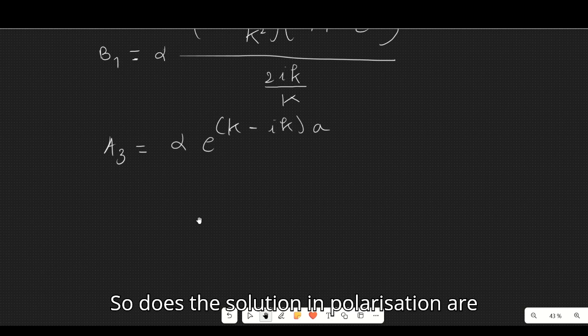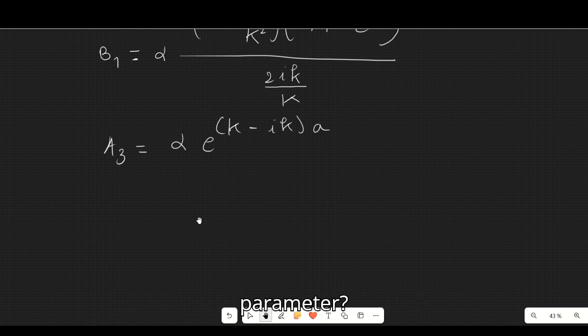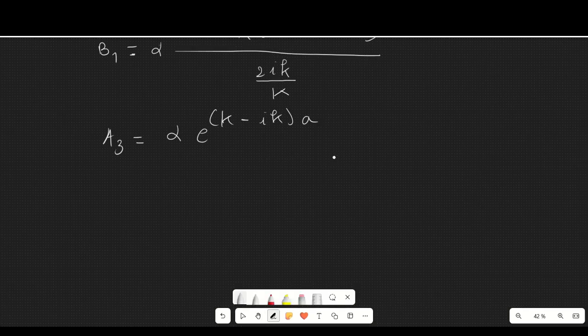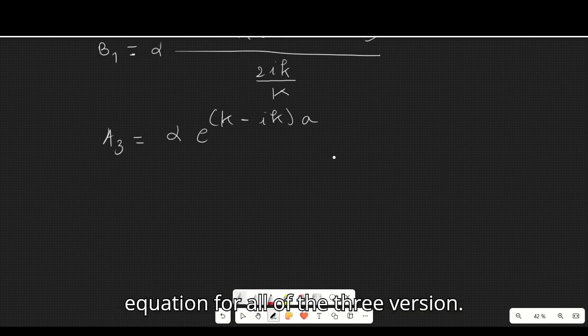So thus the solution in all regions is determined solely by the problem parameters. Okay, we have resolved the Schrödinger equation for all three regions.